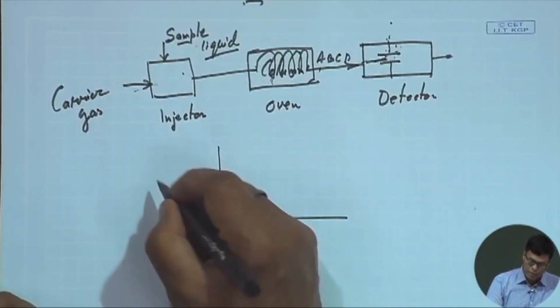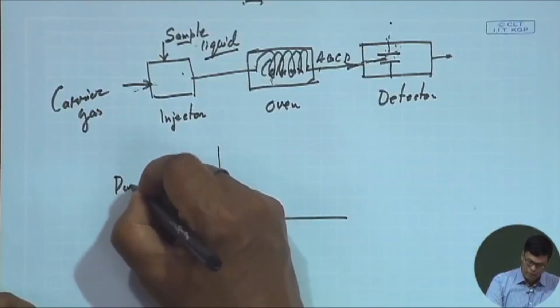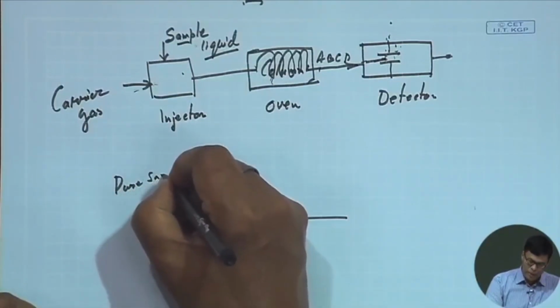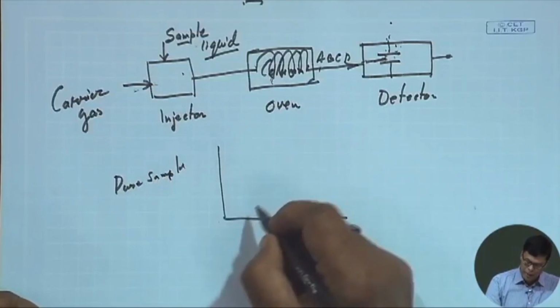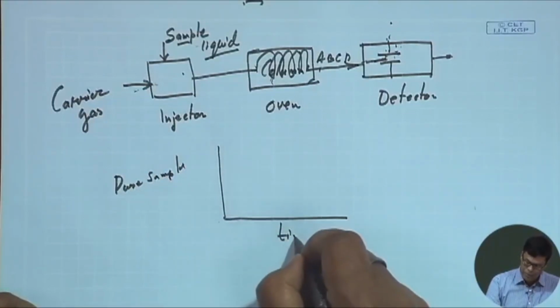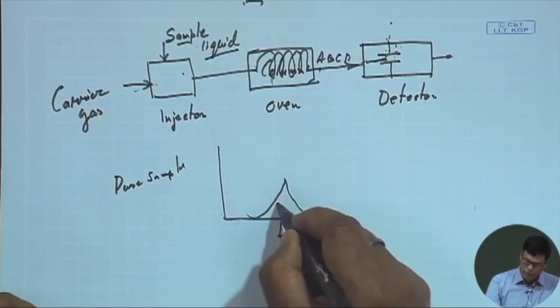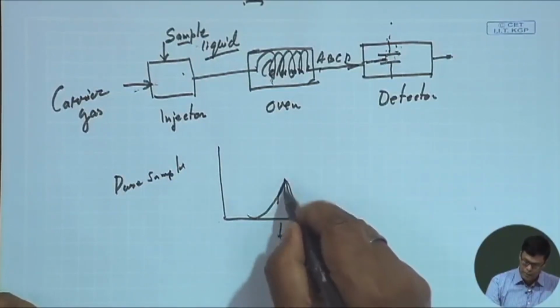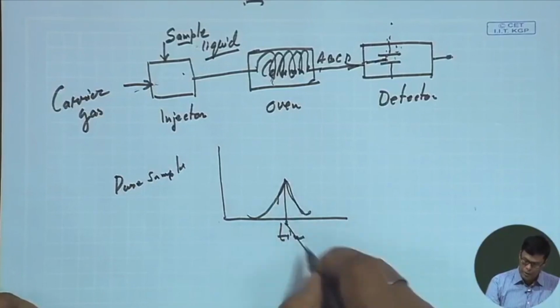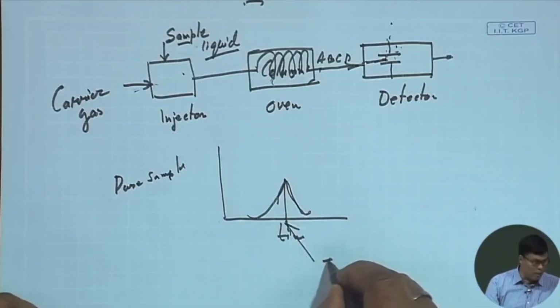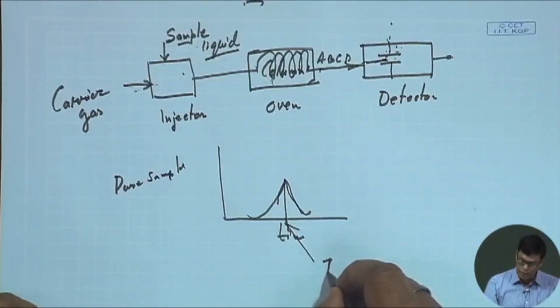So we can inject the pure sample, and then we find out at what time the peak is coming. This peak, we find out at what time it is coming. This is called retention time.